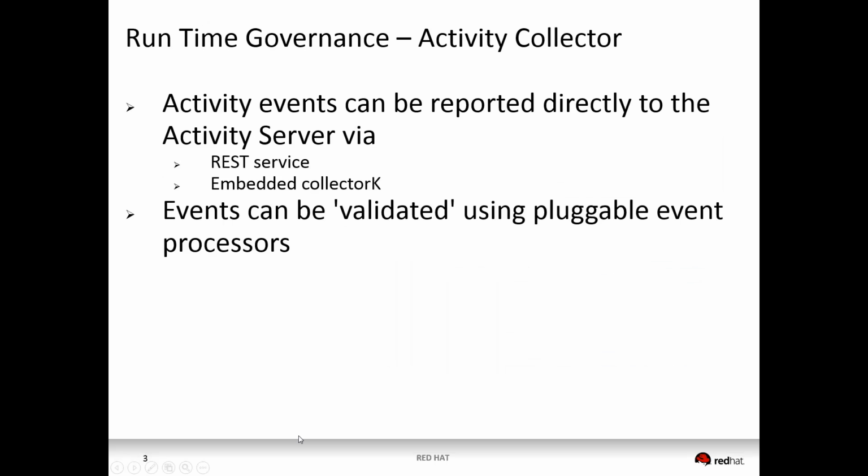So let's talk some about the activity collector. The activity collector component of the architecture is optional and is responsible for collecting information from the execution infrastructure as efficiently as possible. It collects the activity events associated with a particular thread as a group contained within an activity unit.